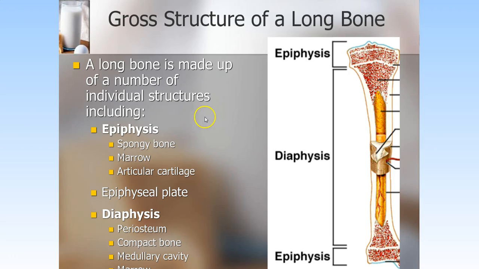So what do we find within this bone? We find spongy bone within the epiphyses or ends where the marrow is stored, and we find a layer of what's called articular cartilage that runs along the top of the end of the bone, and that's to prevent this bone in its joint from rubbing against another bone in the joint.